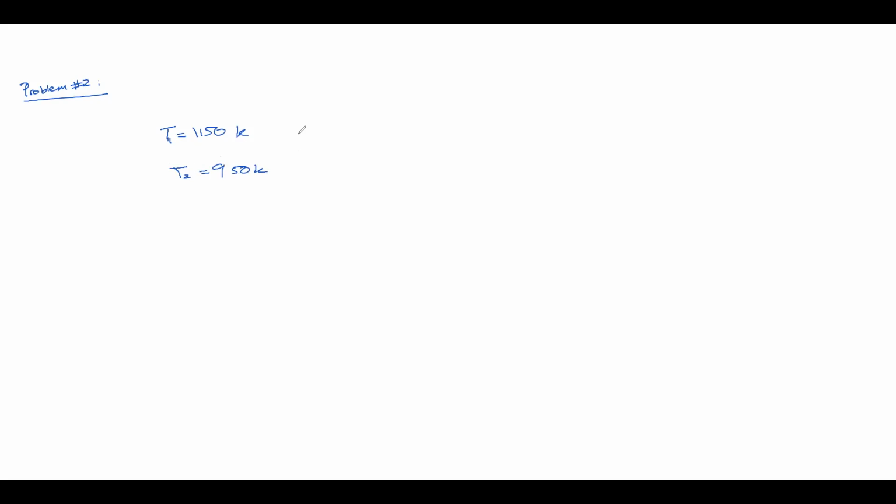And you're being told that R1 is 20 times R2, and you need to find the activation energy, right? So you just recall the equation where we said ln R2 over R1 is equal to E over R times 1 over T1 minus 1 over T2.